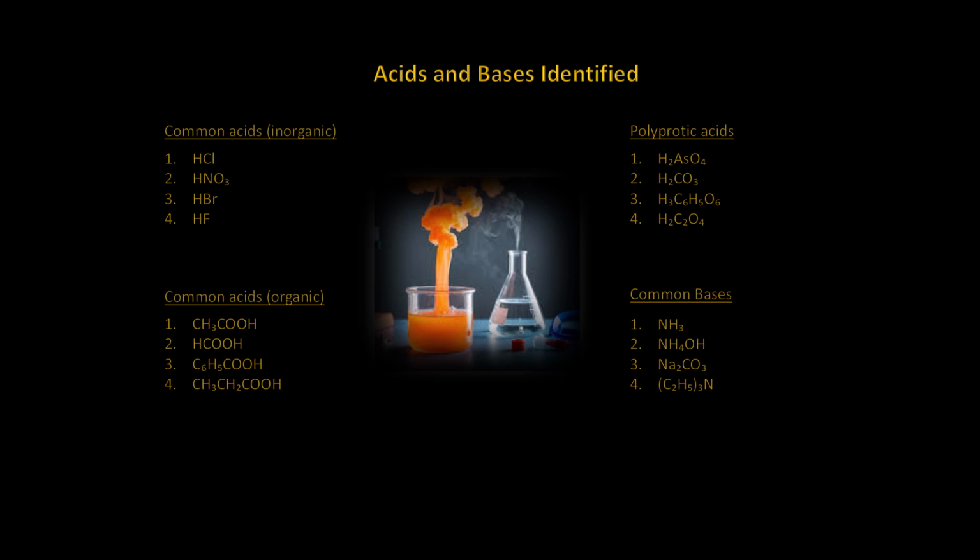Sodium carbonate, Na2CO3, has the polyatomic carbonate ion, CO3. And triethylamine has the nitrogen atom listed at the end of its formula. Knowing how to identify a compound as being a base or an acid is important. In the next few slides, equivalence will be discussed, as it is the basis for the normalization of these solutions.